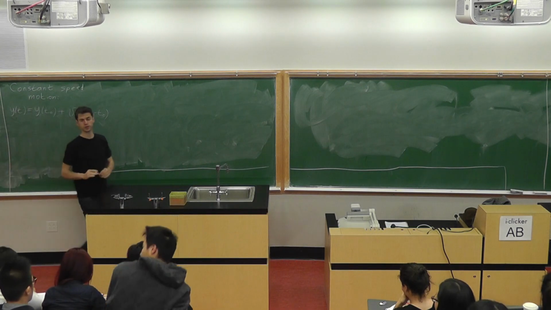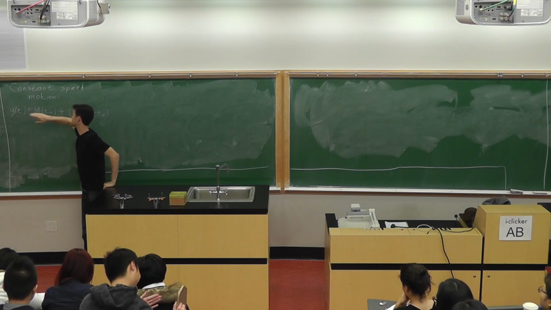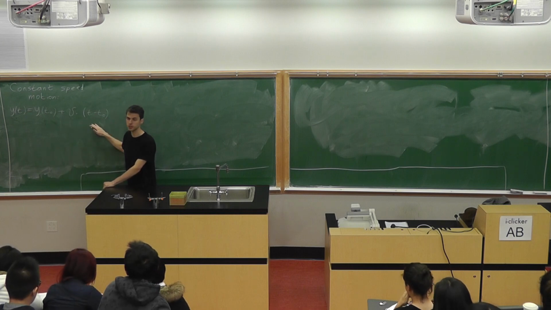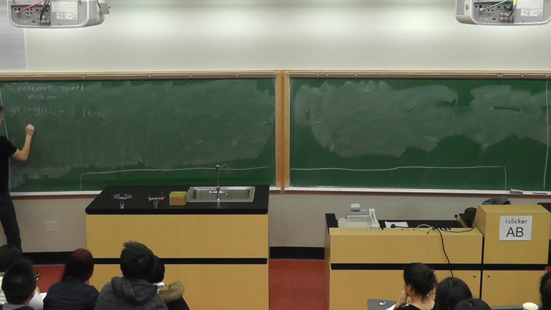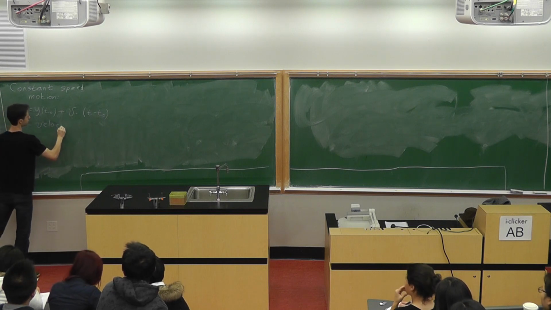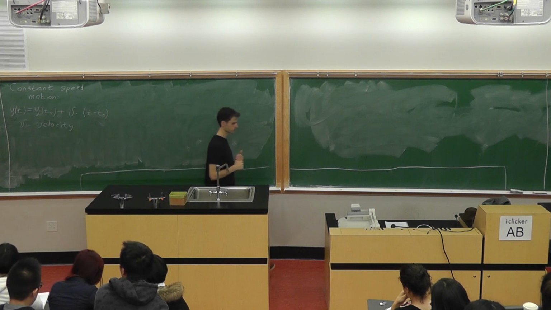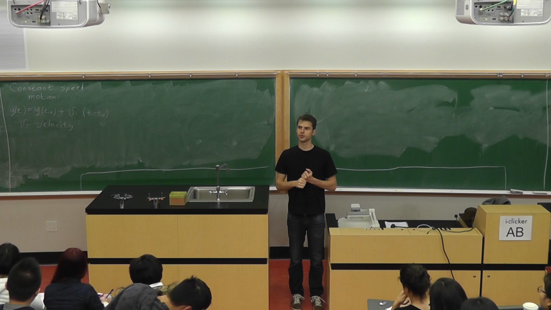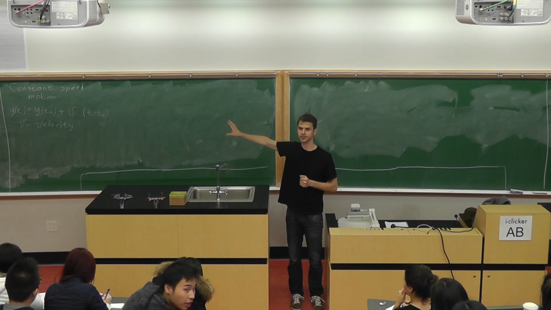So very simple equation. Once again, position at time t is the position at time t naught plus the velocity times the time that has passed since t naught. And v is the velocity.